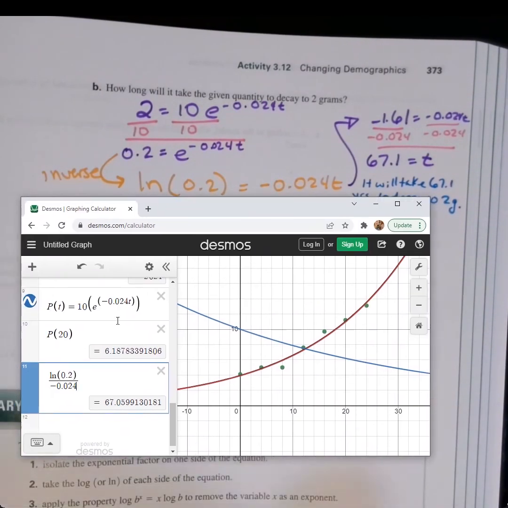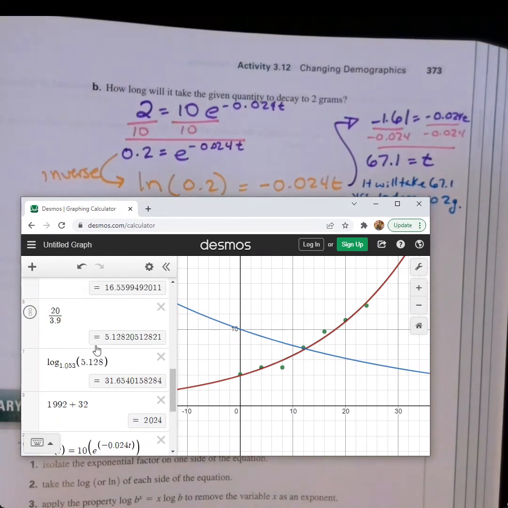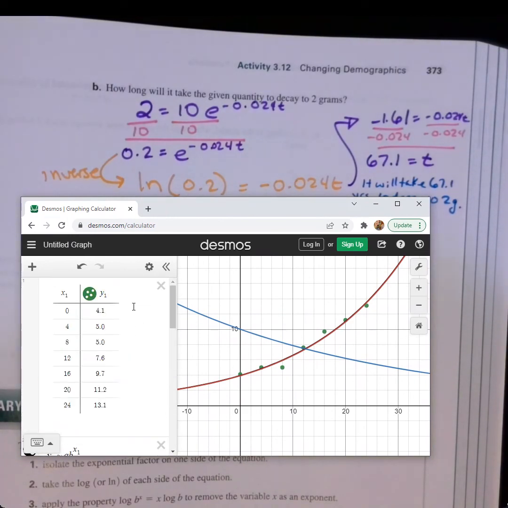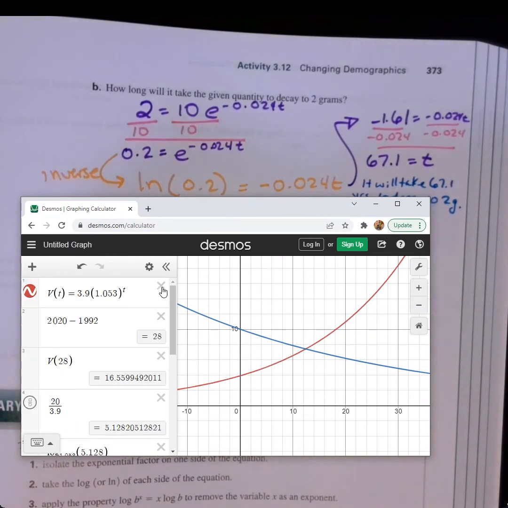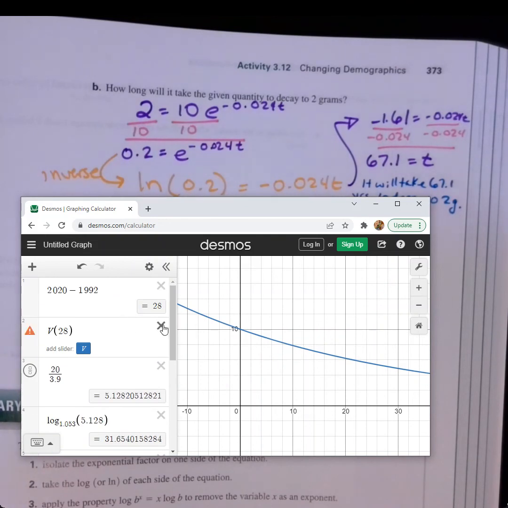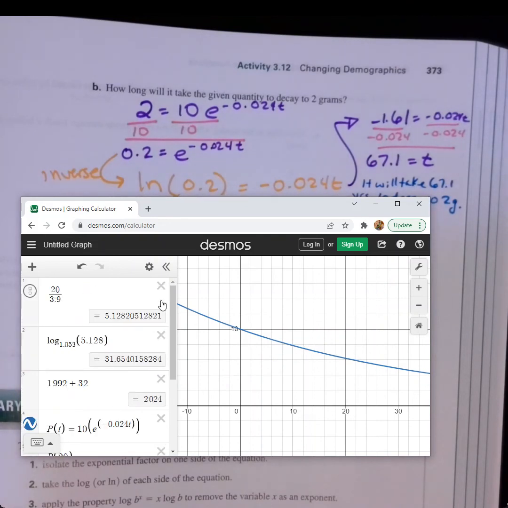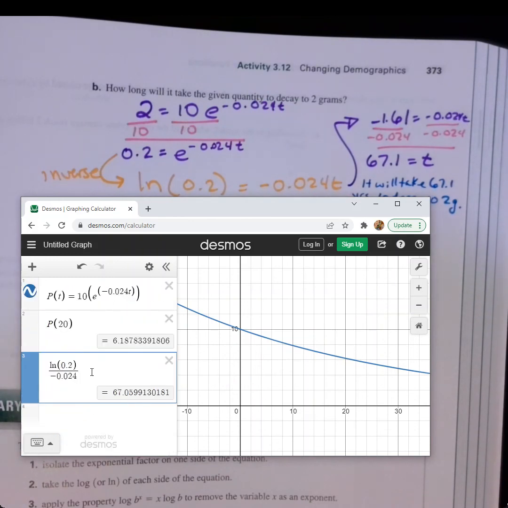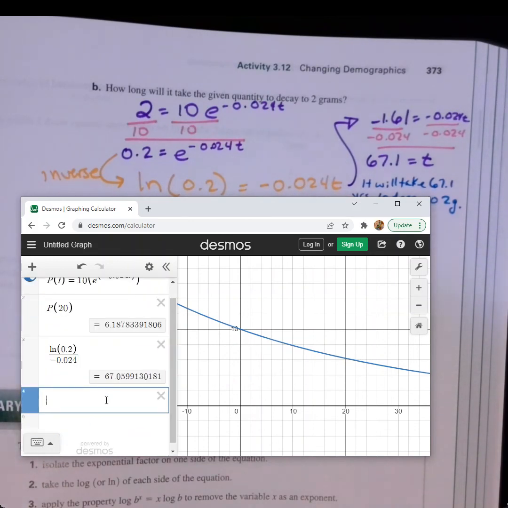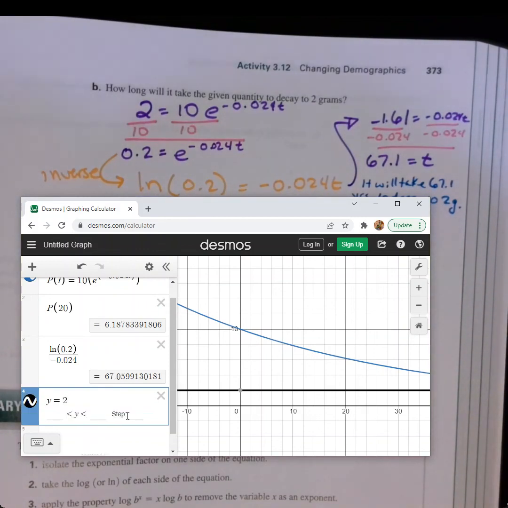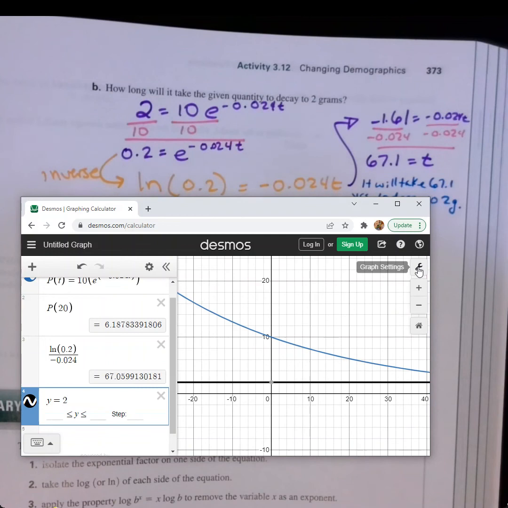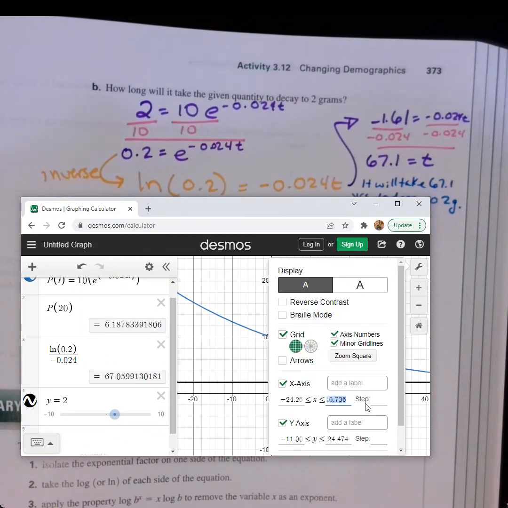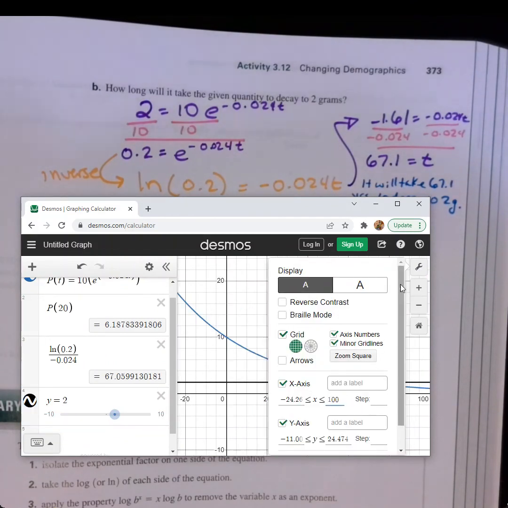Okay, now let's check this one for fun. I never got rid of my old equations up here, so let me get rid of those so that I just have the stuff about this one. So let's check this. This would be an output of 2, and 67 is going to be a long ways to zoom out, so let me just pop my x-axis up to 100.